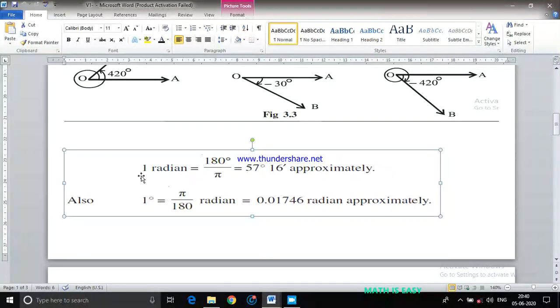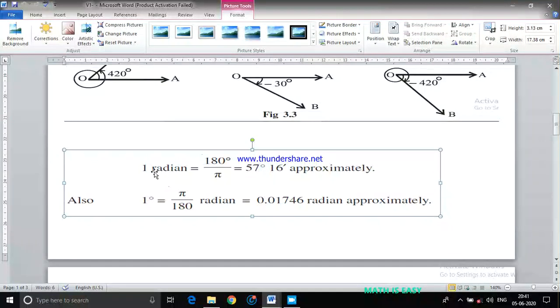Because pi comes here, 1 into pi is pi, so pi radians equals to 180 degrees. If I convert this into degrees, 1 radian equals to 57 degrees 16 minutes approximately. This is the approximate value. This we don't use much, but we use this one: pi radian equals to 180 degrees.